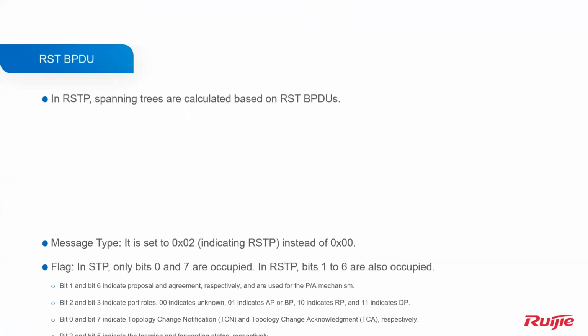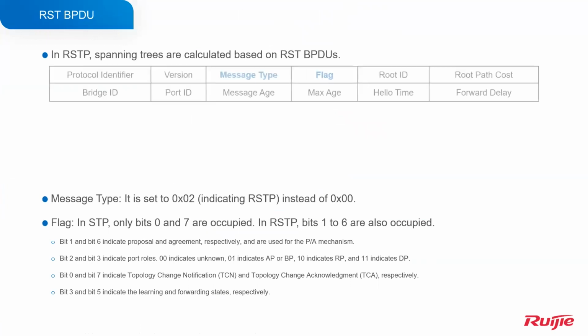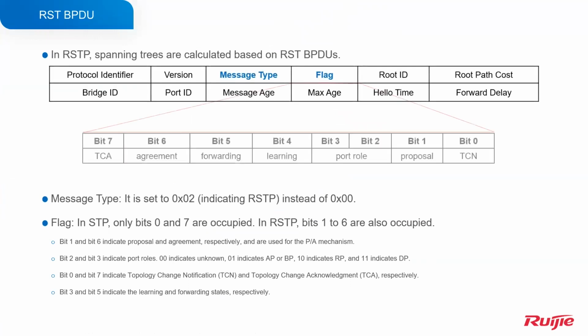Next is the BPDU of RSTP. In RSTP, the BPDU is called RST BPDU. Spanning trees are calculated based on RST BPDUs. What's different is the message type and the flag field.